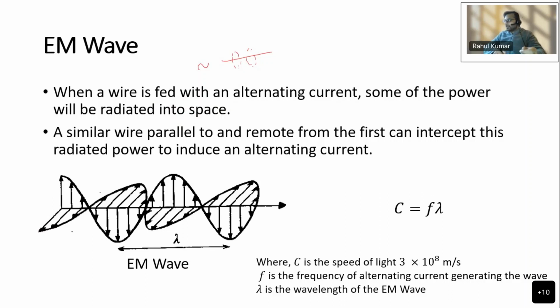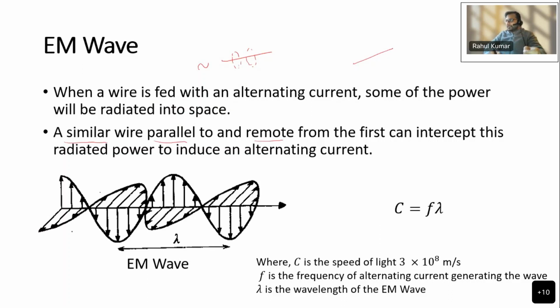Okay. Now a similar wire parallel to and remote from the first one can intercept this radiated power.